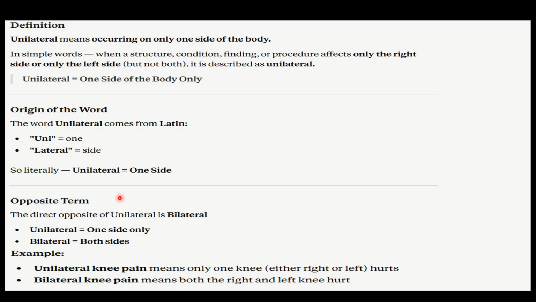Unilateral means one side only and bilateral means both sides. For example, unilateral knee pain means only one knee, either right or left, hurts. In case of bilateral knee pain, both the right and left knee hurt.